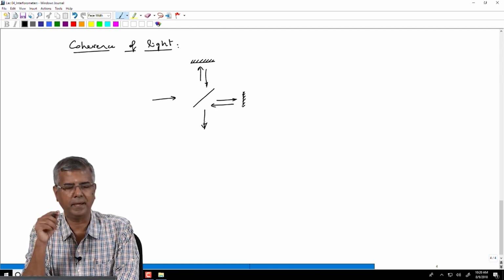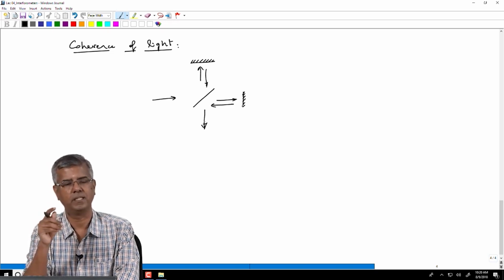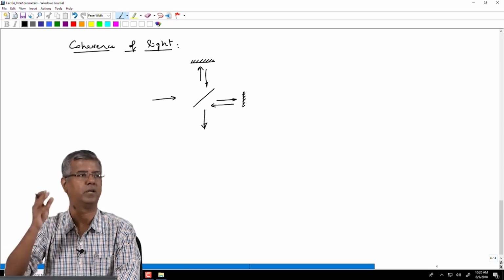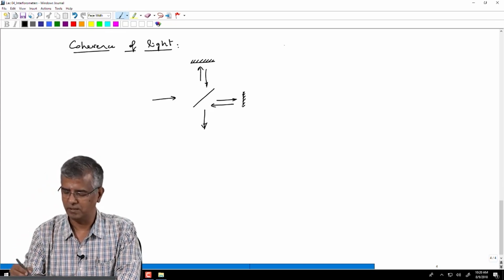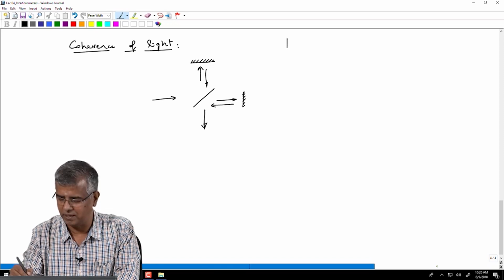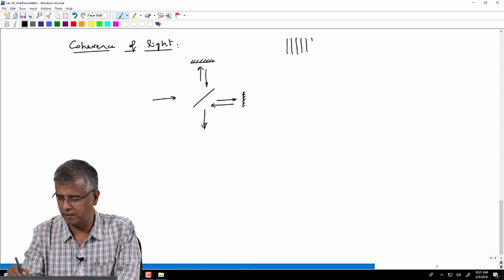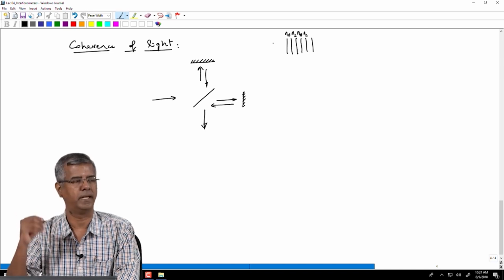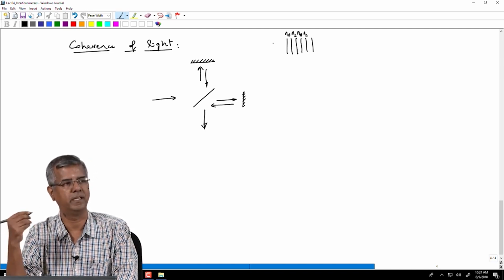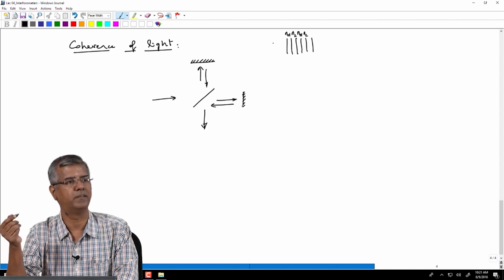And there again, some of the principles that we have talked about in terms of handling phase are going to come into the picture. So, you are going to track phase as it goes through multiple layers. I am deviating from this topic a little bit, but all these dielectric mirrors will have two materials, NH and NL. Let us say NH corresponds to a high refractive index material and NL corresponds to a low refractive index material.